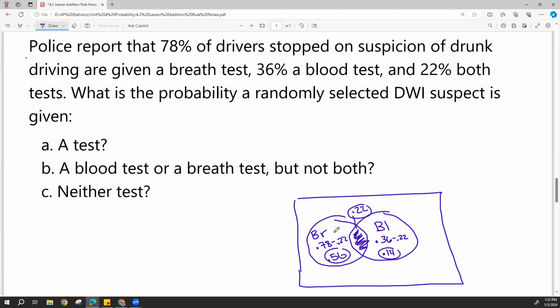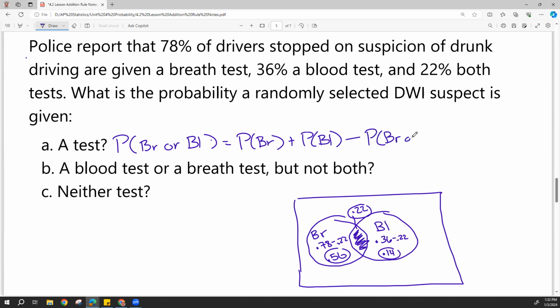And so if I want to know the probability that somebody gets a test, that means the probability of getting a breath or a blood test. I can do the probability of getting a breath test, add the probability of getting a blood test, and subtract away the overlap, the probability you get both.